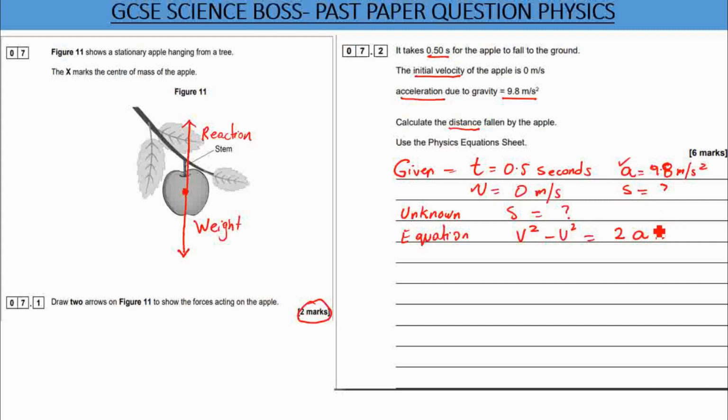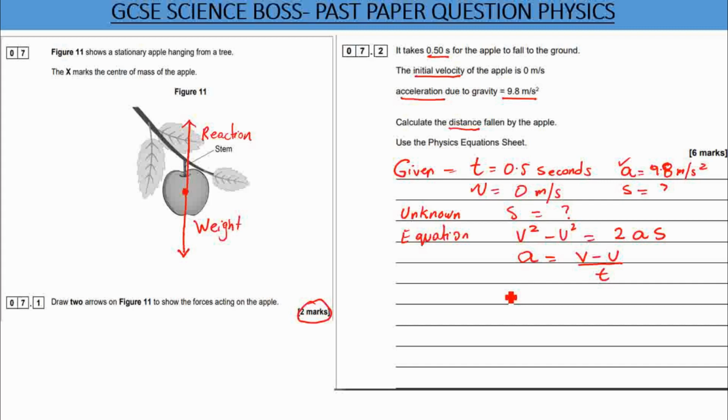We don't have V and we don't have U. But there's another equation that we can use to find V. There's another equation, and that equation is acceleration is equal to V minus U divided by T. So let's go ahead and see if we can find out what V is.